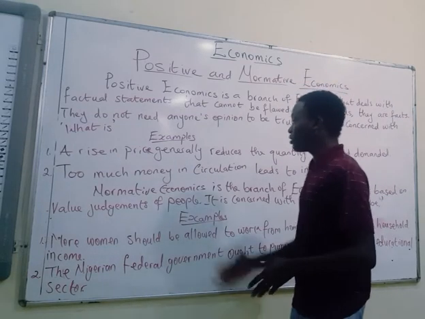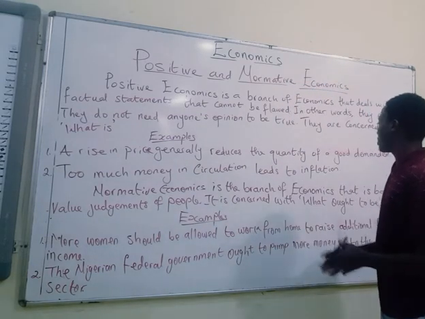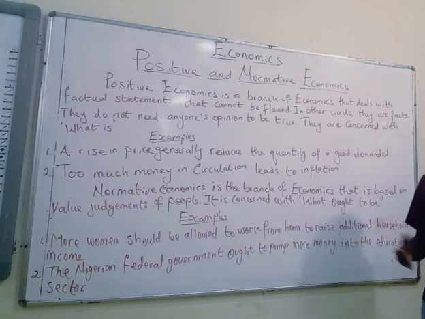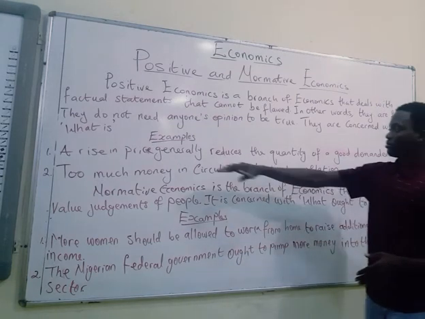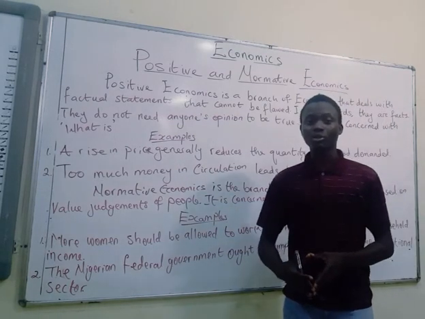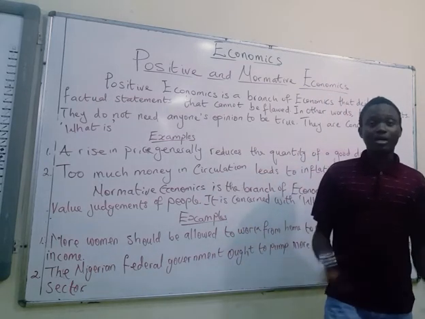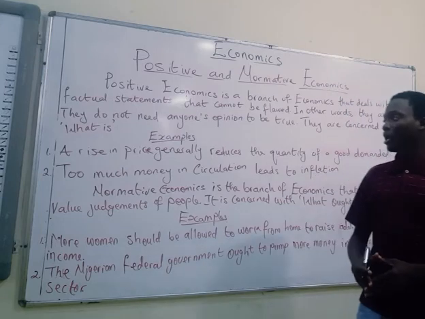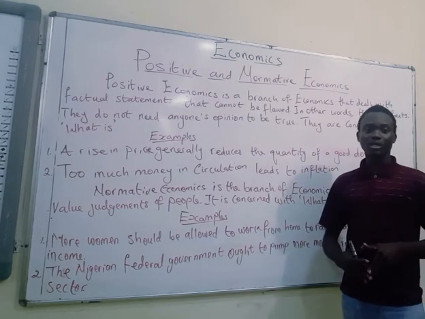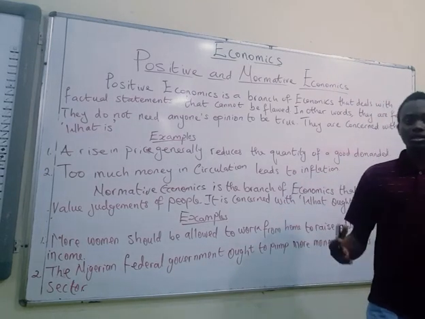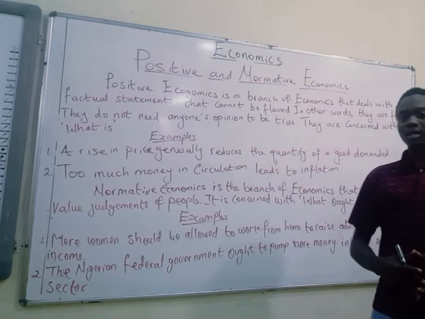A rise in price generally reduces the quantity of a good demanded. It's intentional to put "generally" there, that is to say, generally overall. When the price of a commodity rises, people have more tendency to reduce the demand for that commodity.